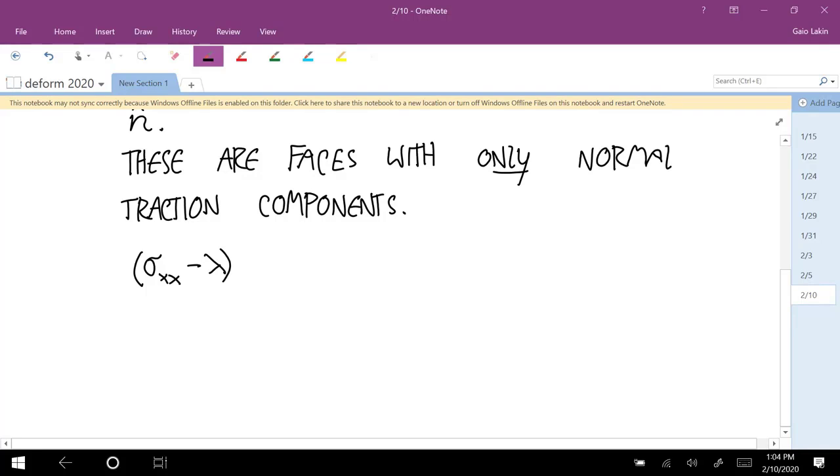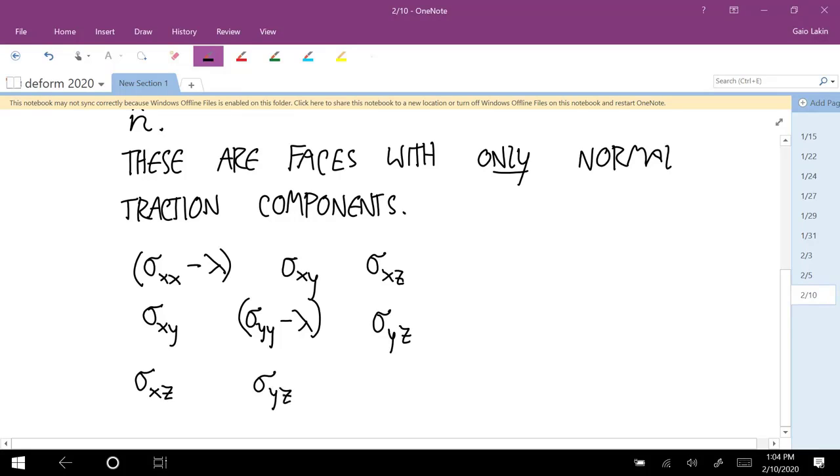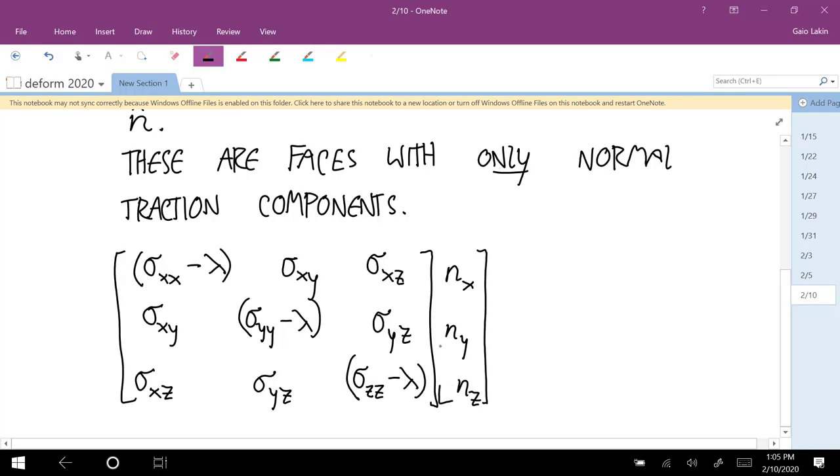We need to satisfy this equation where sigma xx minus lambda, sigma xy, sigma xz, sigma xy, the quantity sigma yy minus lambda, sigma yz, sigma xz, sigma yz, and finally sigma zz minus lambda, times this unit normal, this unit vector, nx, ny, nz, is equal to zeros.